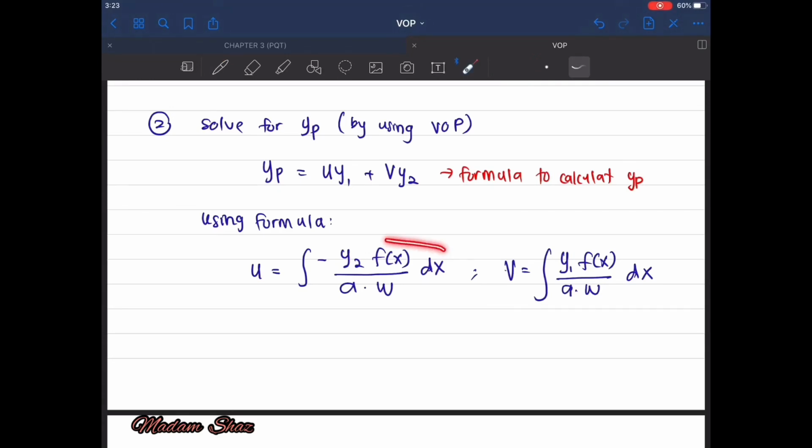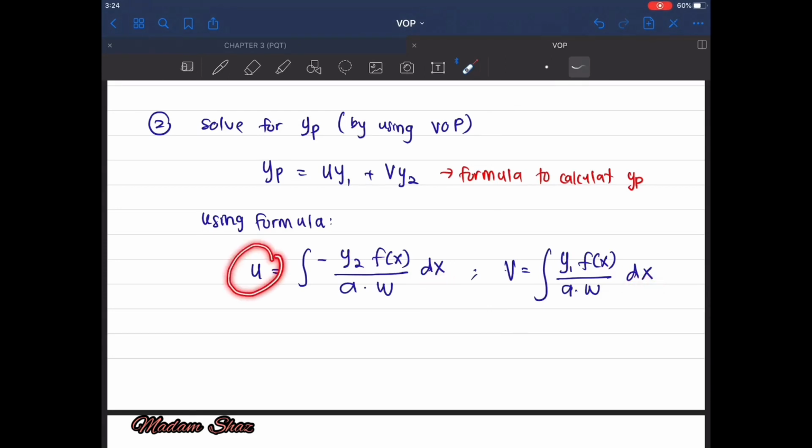This means that to get the value of u, you have to integrate negative y2 multiply fx divided by a multiply w. For v, you integrate y1 multiply fx divided by a multiply w. Both have to be integrated with respect to dx.